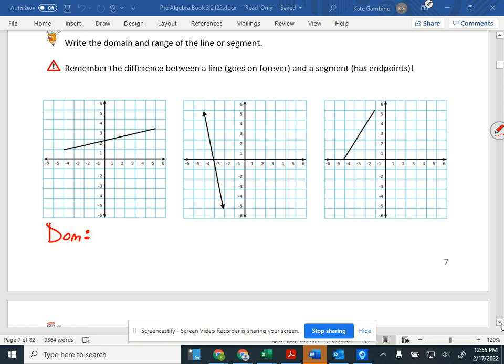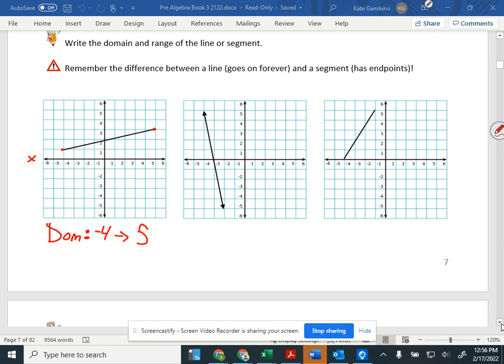Remember, domain is the x's. This is our x's going left and right. -4, because that's where our segment starts, to 5, because that's where it ends.